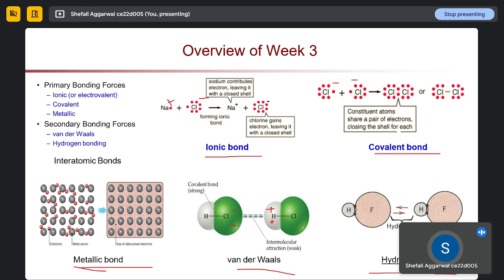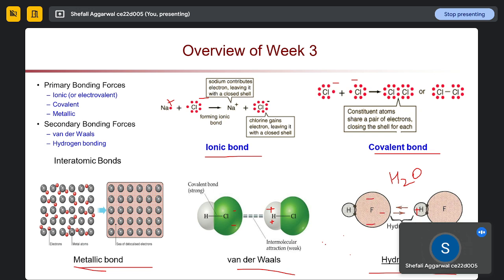Last is hydrogen bonding. Hydrogen bonding is when there is a bond between a hydrogen of one molecule and any other atom of another molecule. Normally, water molecules among each other will have hydrogen bonding, H and O. They are attractive forces between a positively charged hydrogen and a negatively charged different atom.